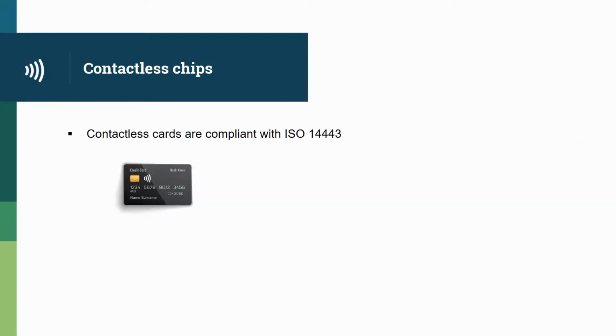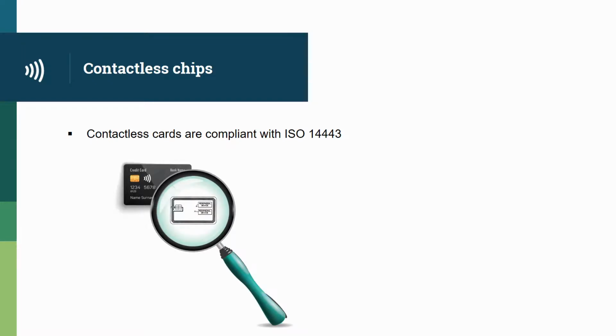Let us have a quick look at contactless chips. Where contact chips are compliant with ISO 7816, a contactless card is compliant with ISO 14443. And if a card is dual interface, like many are nowadays, it is actually compliant with both standards. If we were to look closely at a contactless card, we would see that there is an antenna inside, a bit like your mobile phone has an antenna that runs around the screen for Wi-Fi.